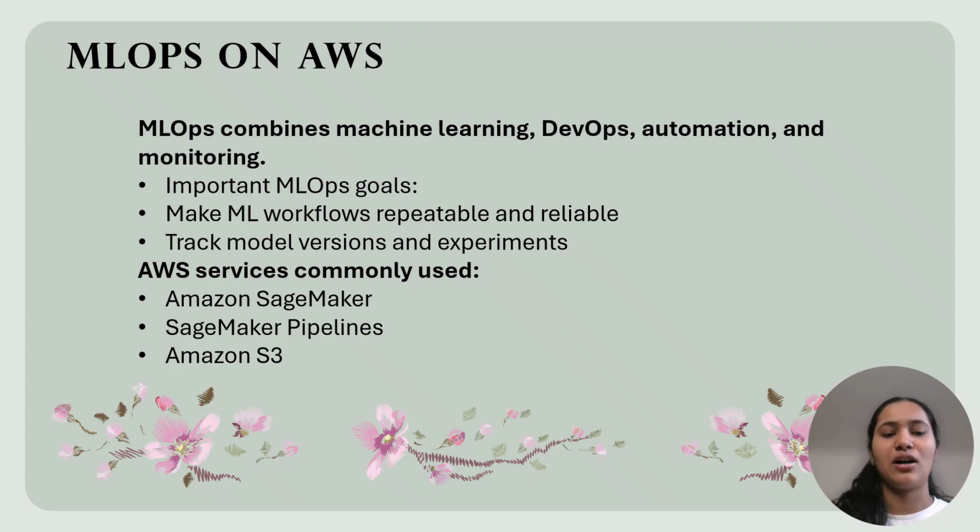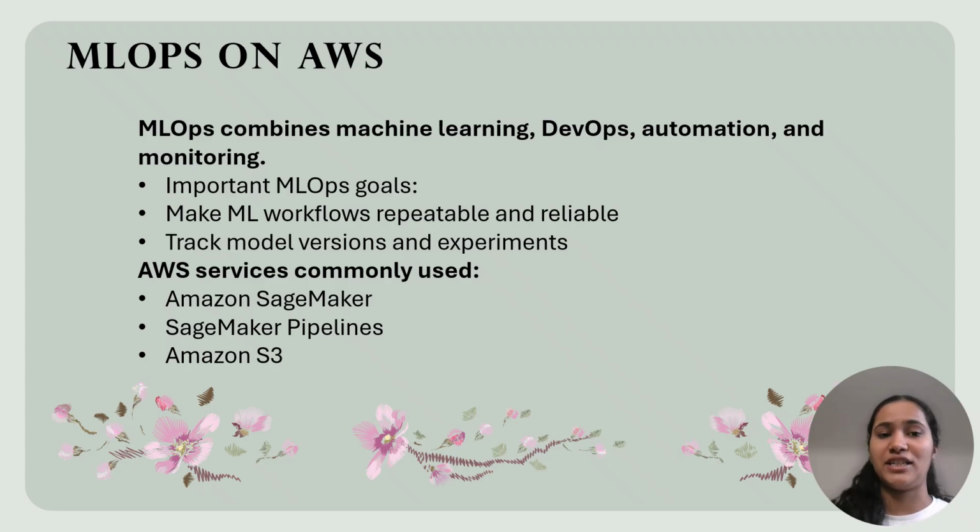The main goal of MLOps is to make ML workflow repeatable and reliable. Instead of manually preparing data, training models, testing them, and deploying them, MLOps helps automate these steps.